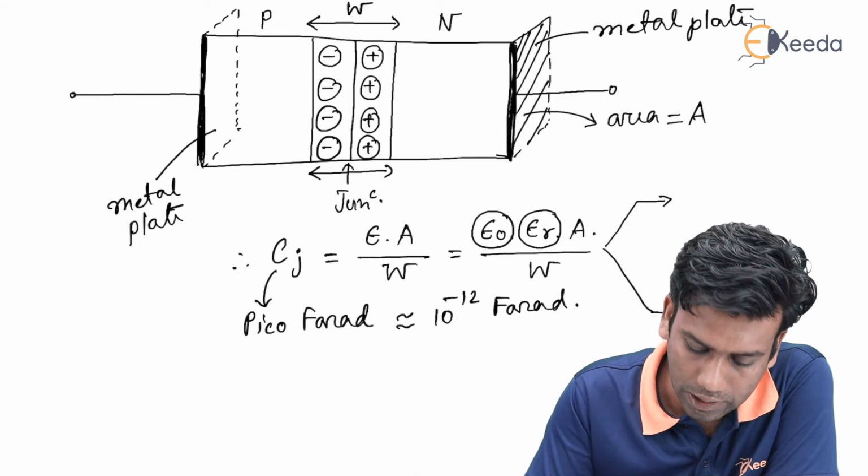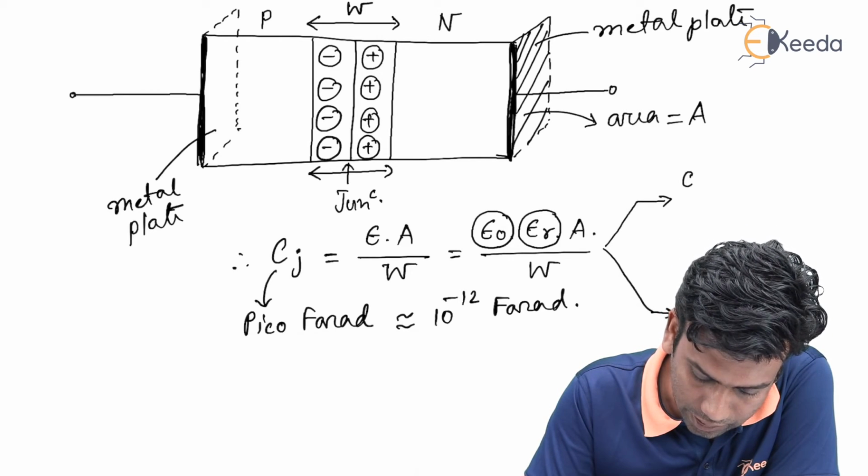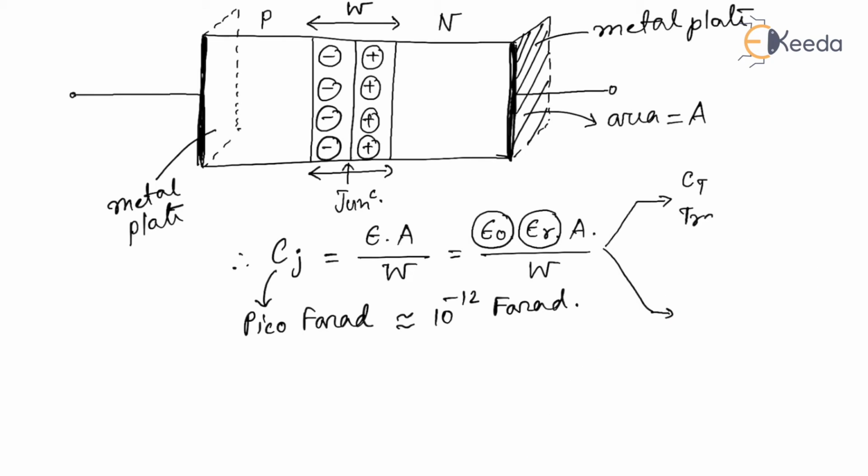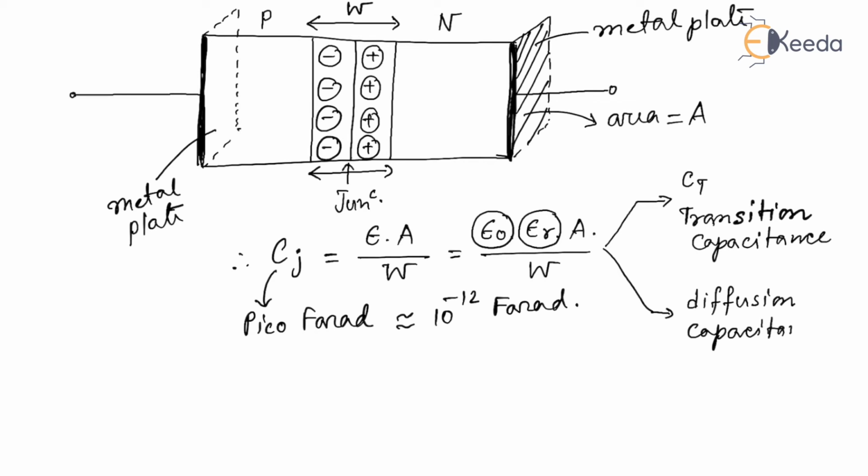The first one is the transition capacitance Ct, and the next one is the diffusion capacitance CD.